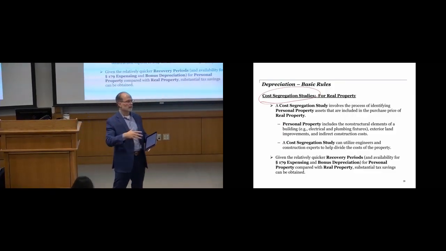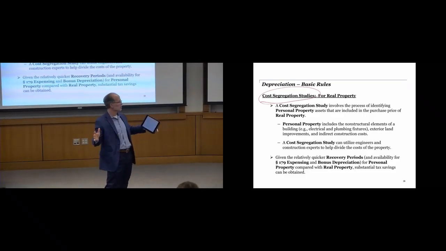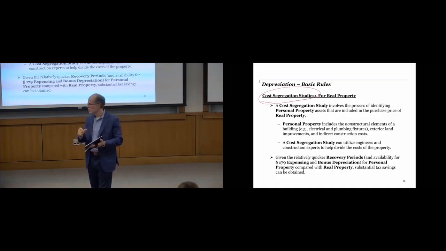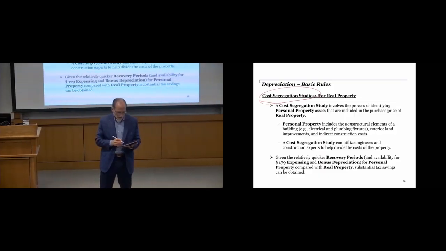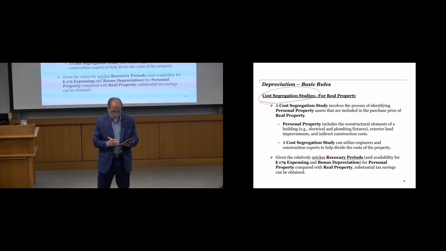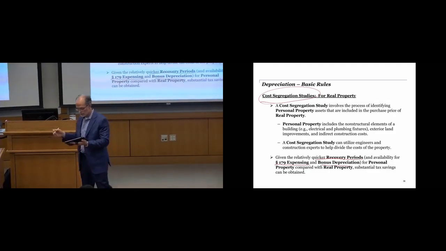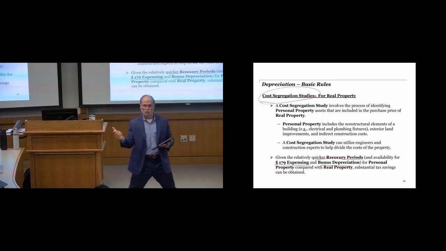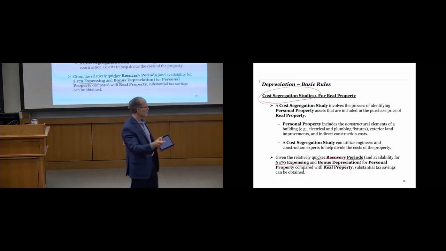So can I get very intrusive and break it down, and try to minimize the part that is in longer life recovery periods for real property? And so I get quicker recovery periods, and then we're going to talk in a moment about 179 expensing and bonus depreciation that greatly accelerate that, from the maker's rules for that non-real property of real estate.